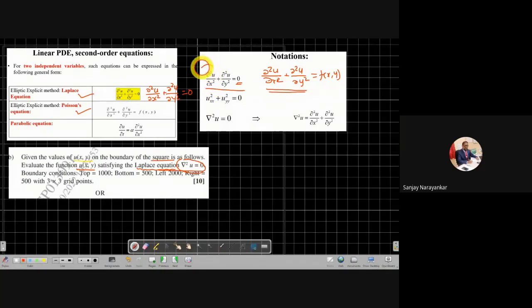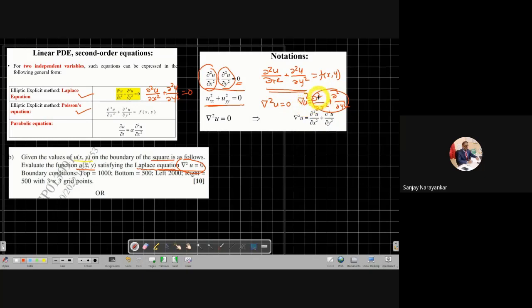We can represent this term as u_xx and this term as u_yy, equal to 0. This is again known as the Laplace equation. The same can be represented like del square u is equal to 0, where del square is nothing but del square upon del x square plus del square upon del y square. So this is the interpretation.